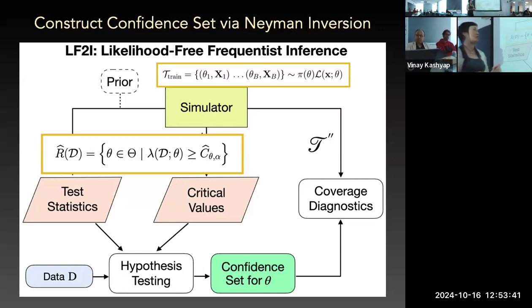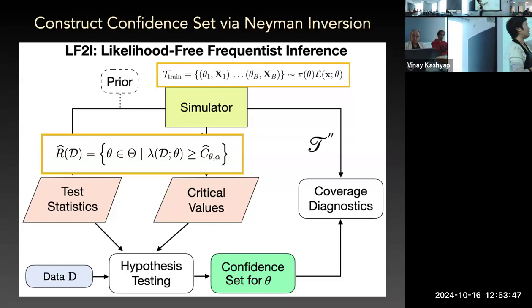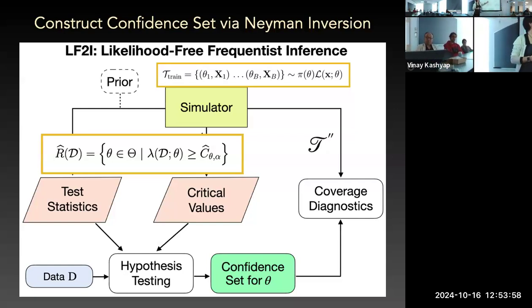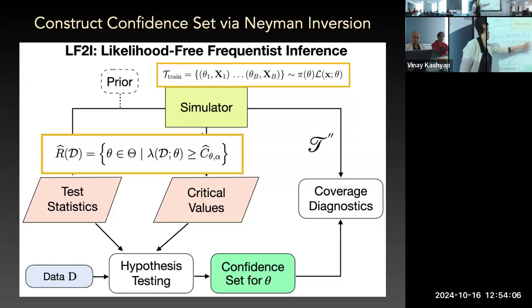It takes no time. Training takes time, and training is hard. And same thing, if I estimate the critical value as a function of theta, then I can just evaluate. So it's amortized. Once you have trained these, I can get my confidence set instantaneously. And if I do the critical value, they're guaranteed to give you the right coverage. It's an old result from 100 years ago.